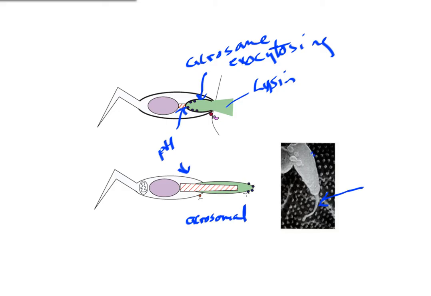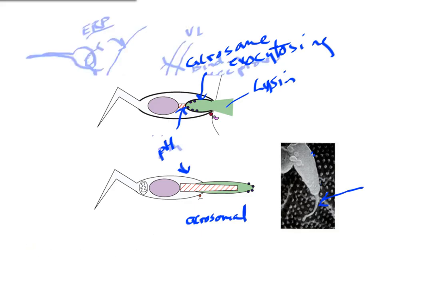Now notice that those bindins are being pushed towards the very tip of the egg. When they get to the egg, that leads to a bindin-receptor interaction. So I guess we have to go way back to that first diagram.